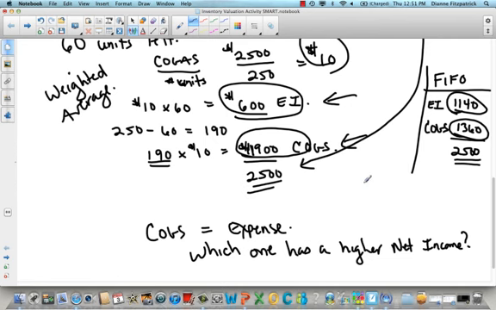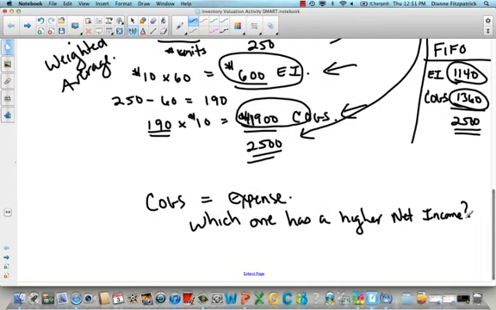Well, the one that has the higher cost, in this particular case the weighted average, will have a lower net income. But the one with the lower cost of goods sold, the 1,360 here, the FIFO, is going to have the higher net income because that is a lower expense. Okay, so keep that in mind.